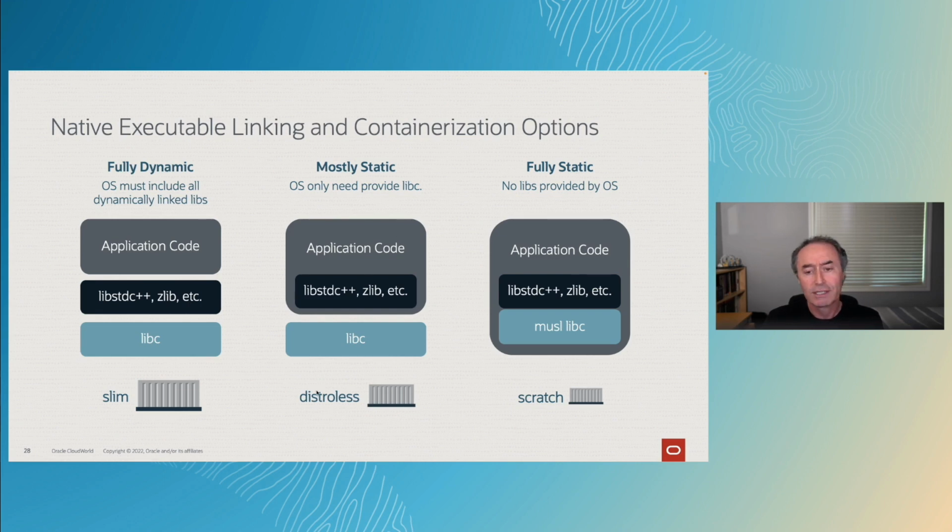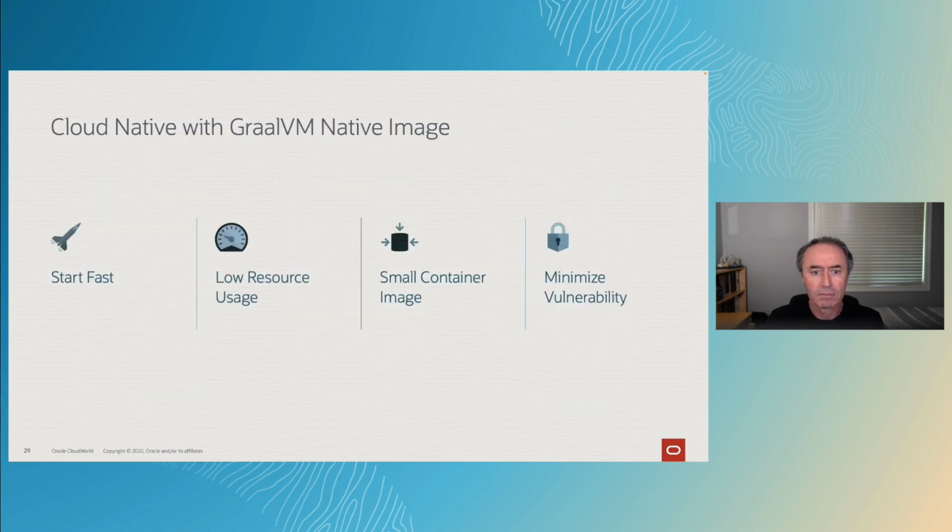So you have a lot of choices about how to customize your application and take full advantage of containerization, picking these nice, secure, small container images. I'm going to review here, but I think we've covered all this ground. We've gone through GraalVM Native Image. It starts fast. It reduces your resource consumption, right?